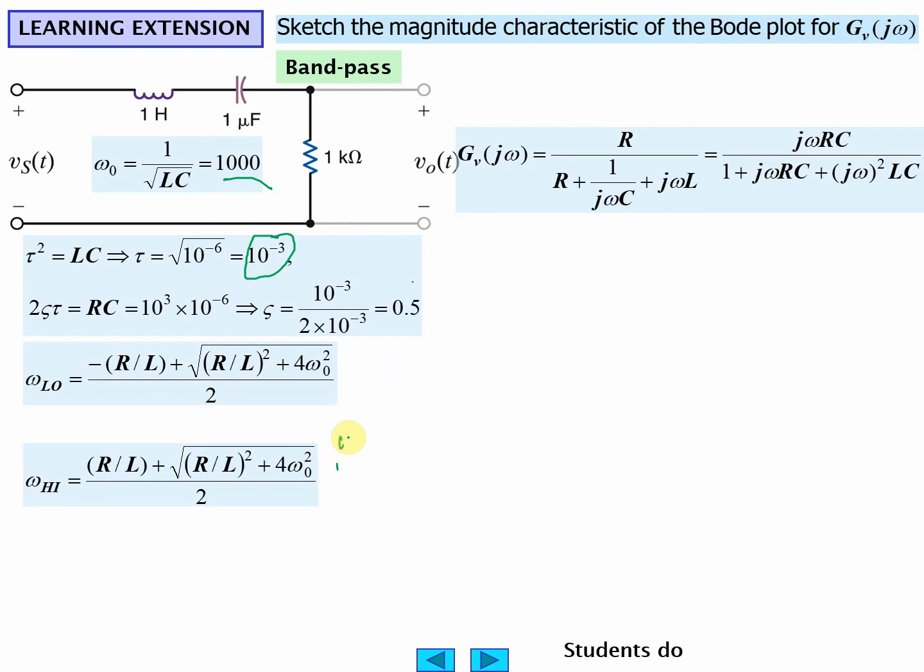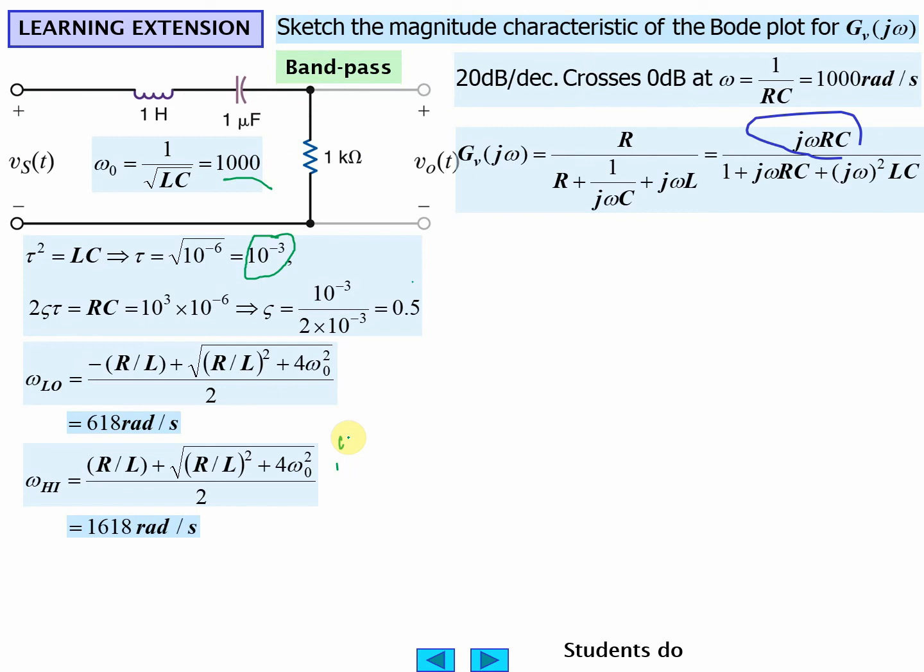Crunch the numbers, you get this. It's going to start, it's a band pass, so it's going to ramp up, and then we have 2 roots. These are the roots. No, I take that back. Is that correct? No, that's not correct. Oh, okay, let's keep going.